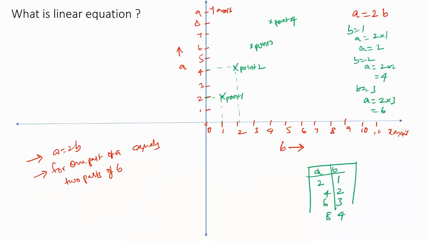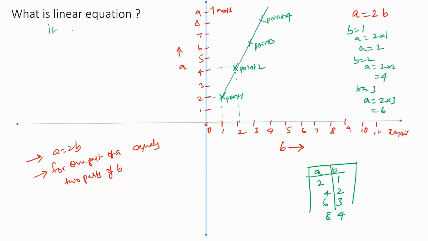So I'm going to join all these points. Okay. So here, based on the data points, I got a line connecting all the data points. Looking at how we drew it, it is defining a straight line. So what is our conclusion here?